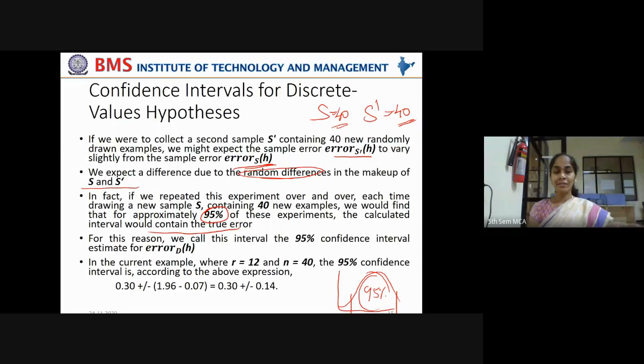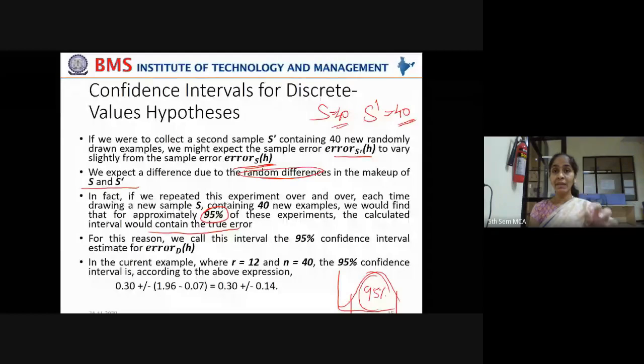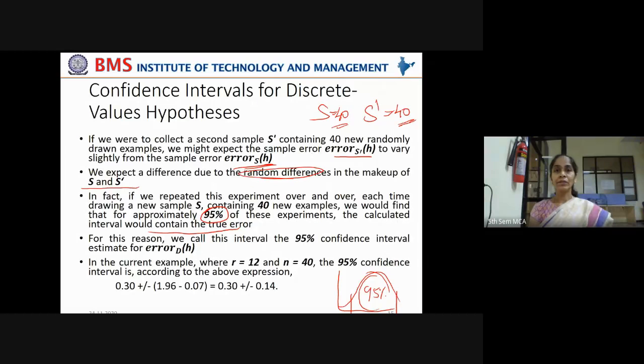Means this true error would be much similar to the sample error. We are confidently saying that 95% of the time the true error would be almost equal to the sample error. Only 5% of the time it may vary. That is why we call this 95% the confidence interval.